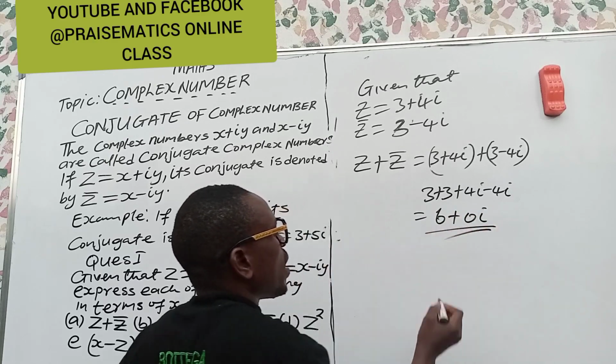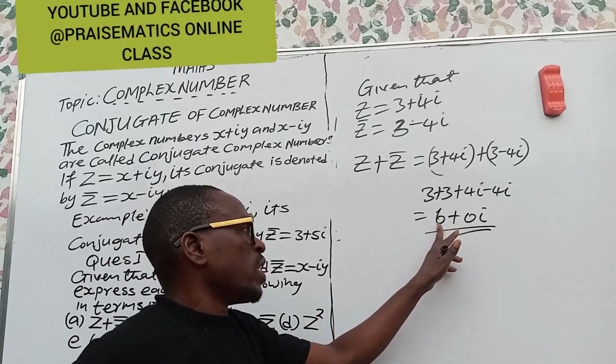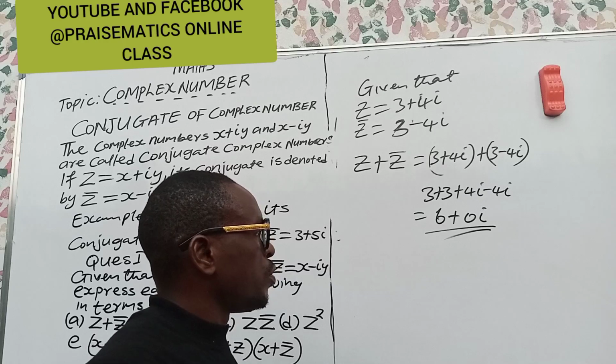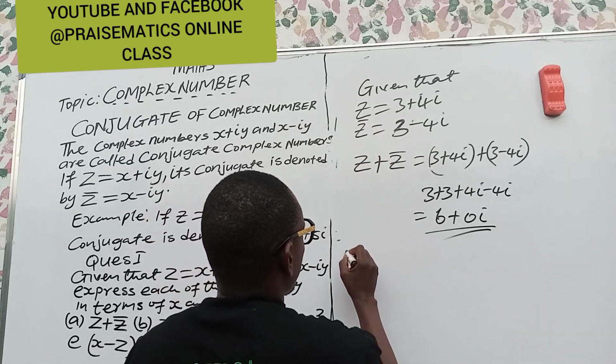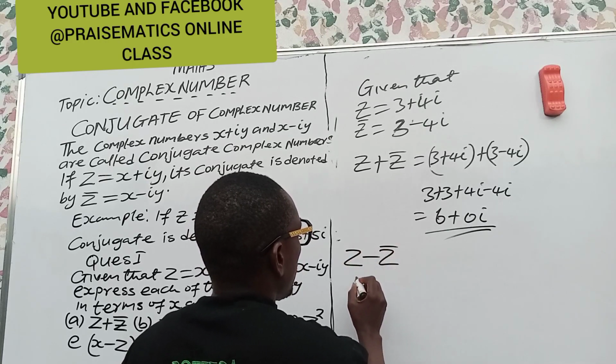So whenever you add a complex number with its conjugate, you get the real part, but the imaginary part will be 0. Likewise, assuming we have z minus z bar, what do we have here?